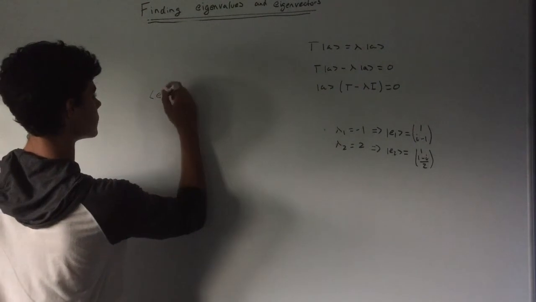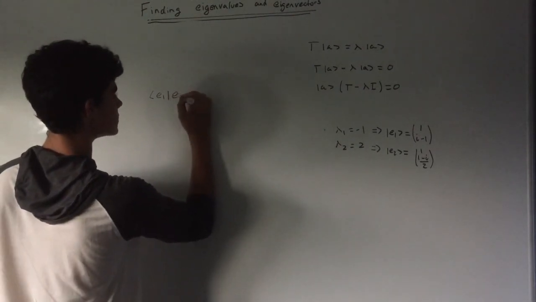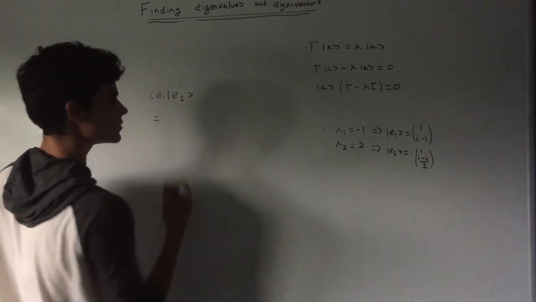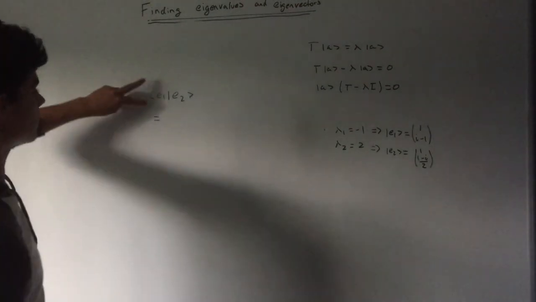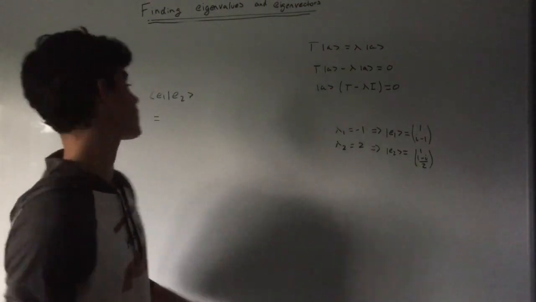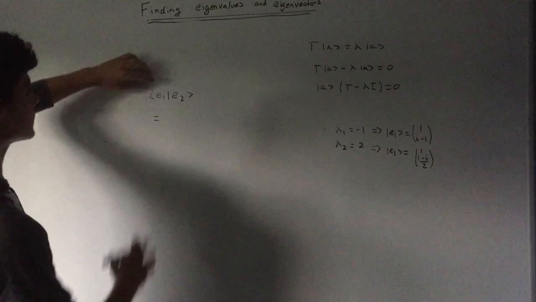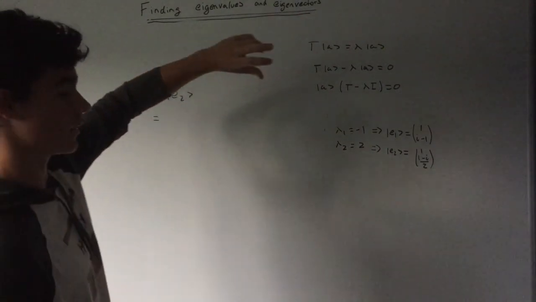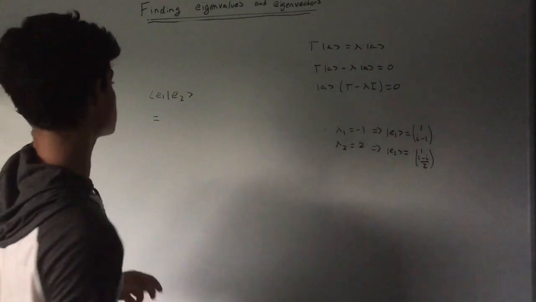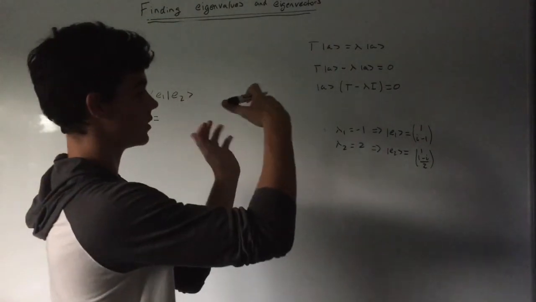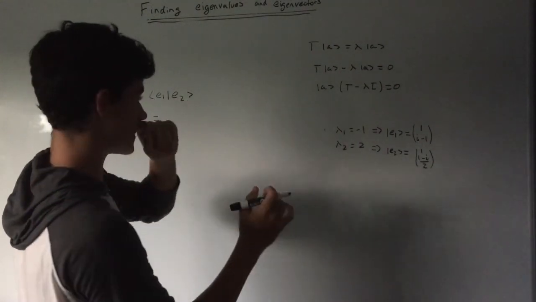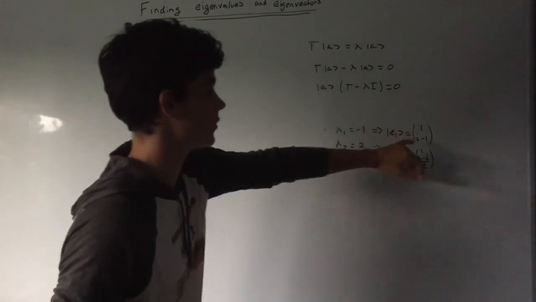say, the bra of E1 with E2 is equal to, so for those of you who are not really familiar with bracket notation, we just take the complex conjugate and the transpose of it, so we convert it from a column matrix to a row matrix, and we take the complex conjugate of the complex part.